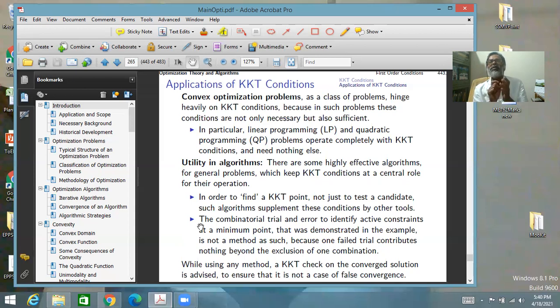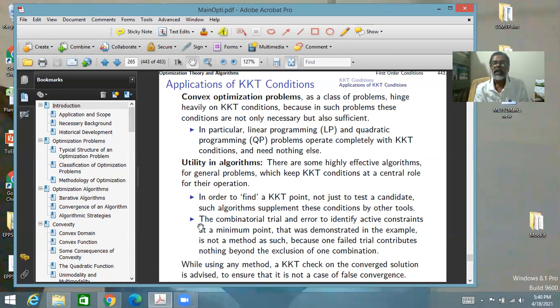It will just exclude one possible combination among the many. So that is why that is not considered as a method, but in many small problems it may work out all right.